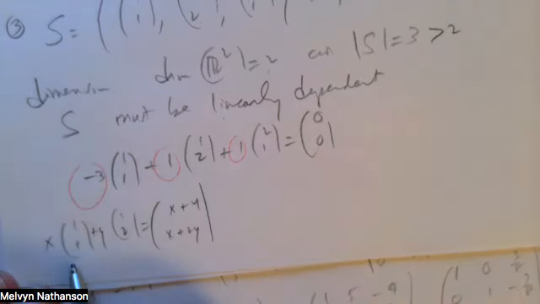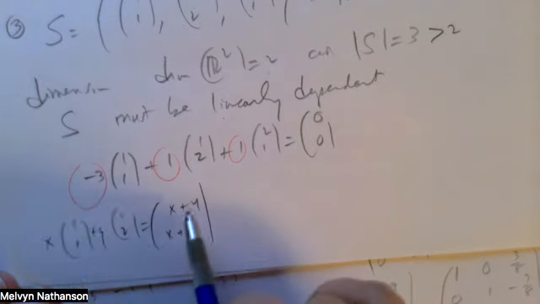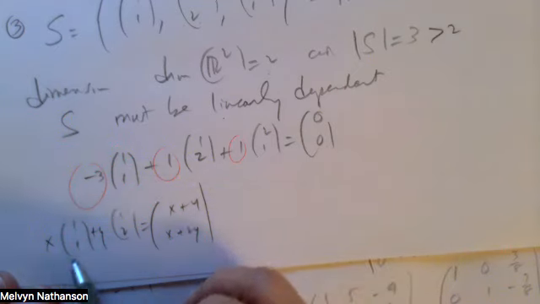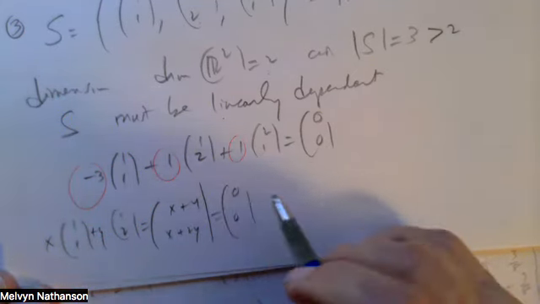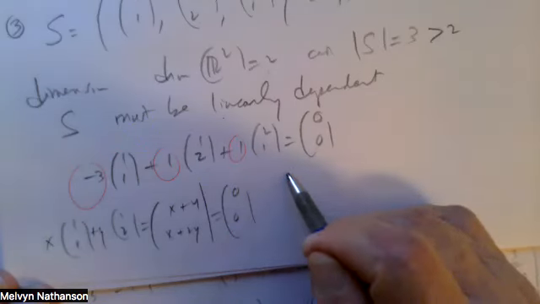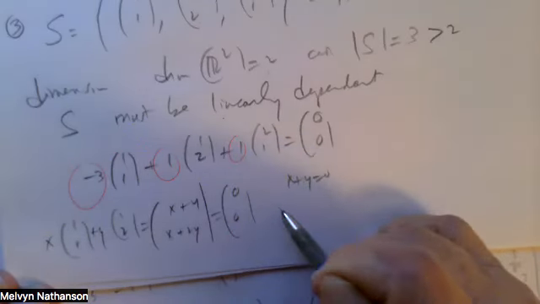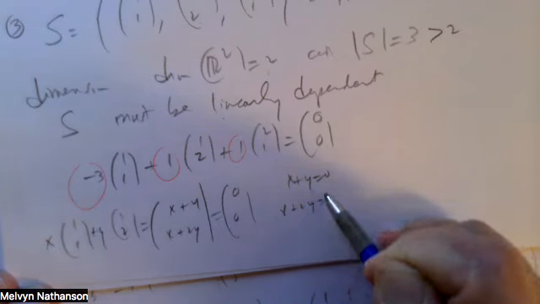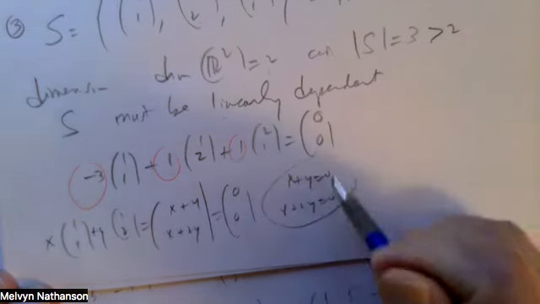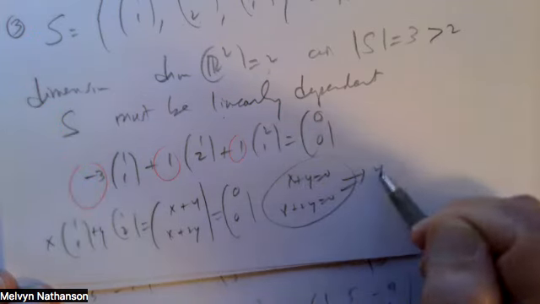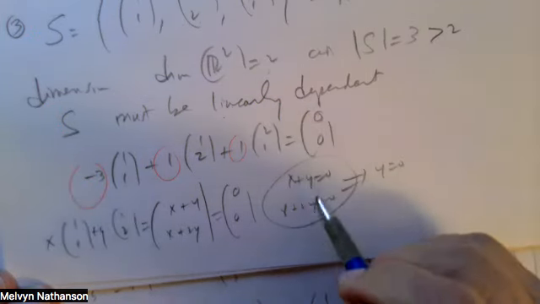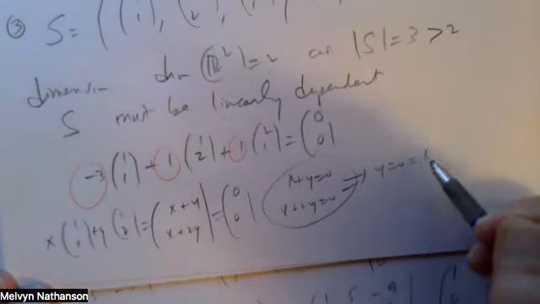These are linearly dependent if I have x and y not both 0, where this vector is 0, 0. That means we have to satisfy the 2 equations, x plus y equals 0, x plus 2y equals 0. If I subtract the first from the second, I get y equals 0. Y is 0, x is 0.